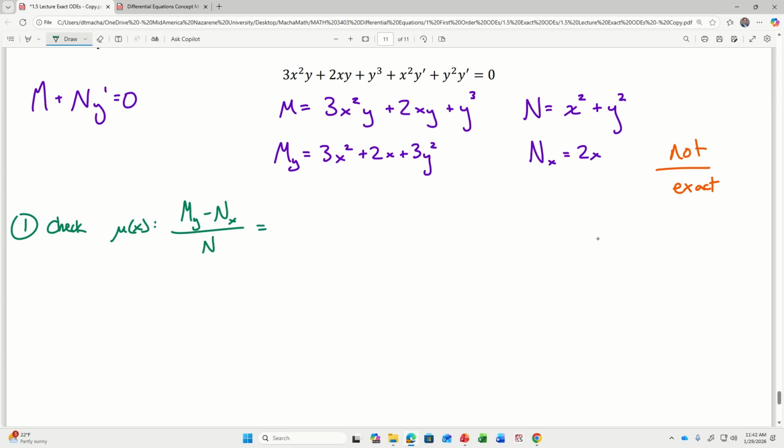And in our case, My minus Nx is going to be 3x squared plus 3y squared, and dividing by N, which is x squared plus y squared.